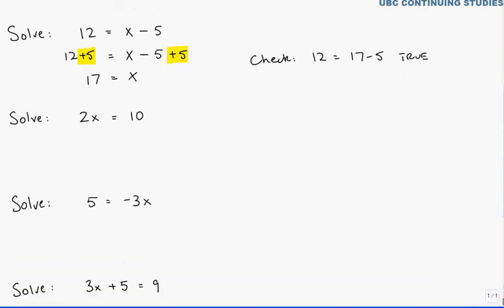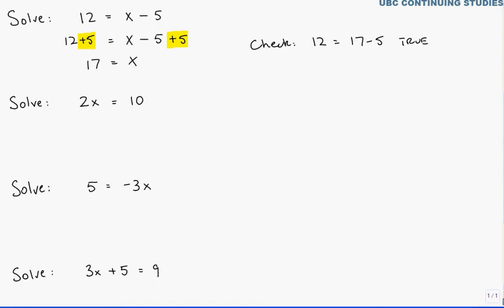Let's take a look at an equation where the variable has a coefficient. So 2x equals 10. So now, in order to get the variable isolated, in other words, to get just x on its own, we need to somehow strip off this coefficient too. So again, it's helpful to ask yourself, what's being done to x?